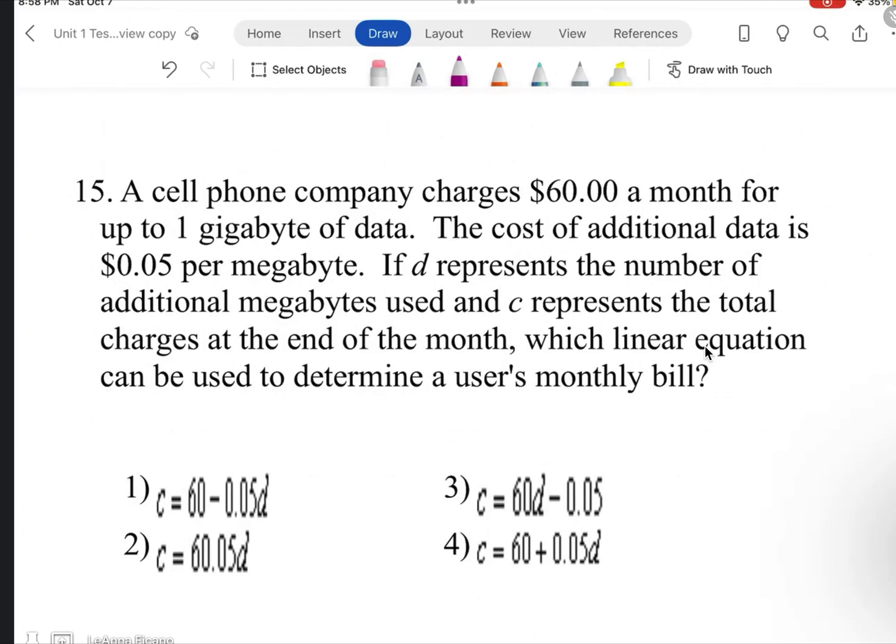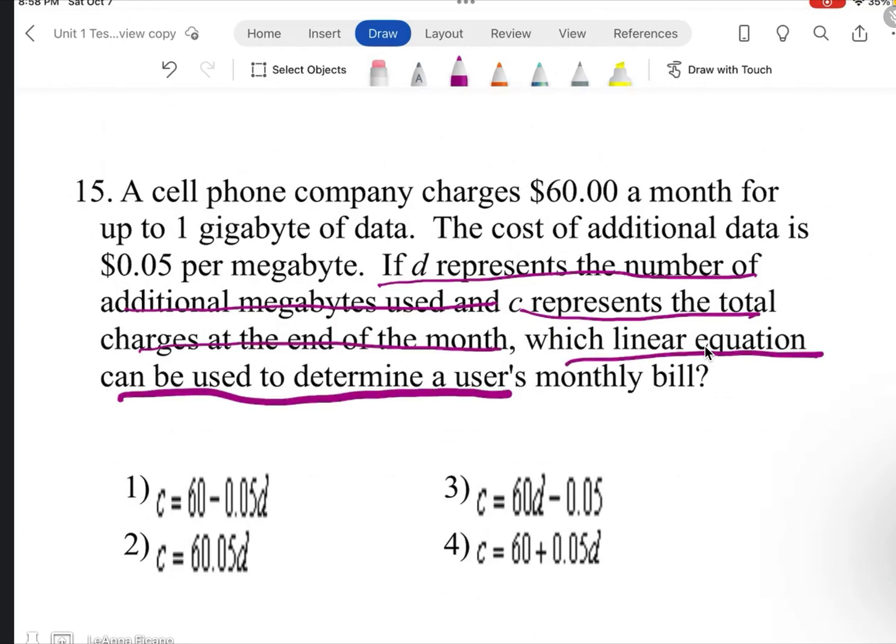If D represents the number of additional megabytes used and C represents the total charges at the end of the month, which linear equation can be used to determine the user's monthly bill? Okay, so C is the total, so everything all together equals C. We know we have $60 a month that they pay for 1 gigabyte of data.